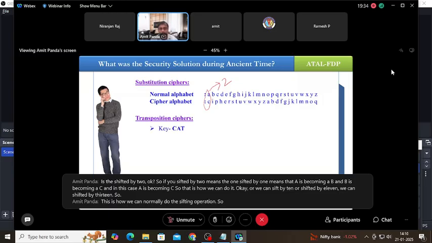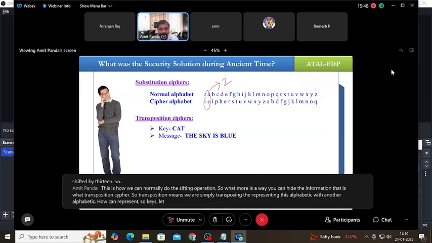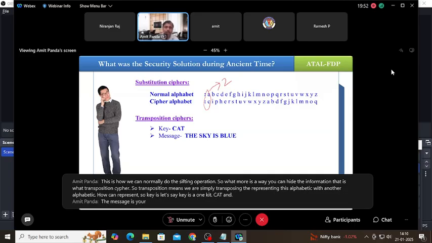Another way to hide the information is the transposition cipher. Transposition means we are simply representing the alphabet with another arrangement of the alphabet. Let's say the key is CAT, and the message is "the sky is blue". How do we hide this message using the key?